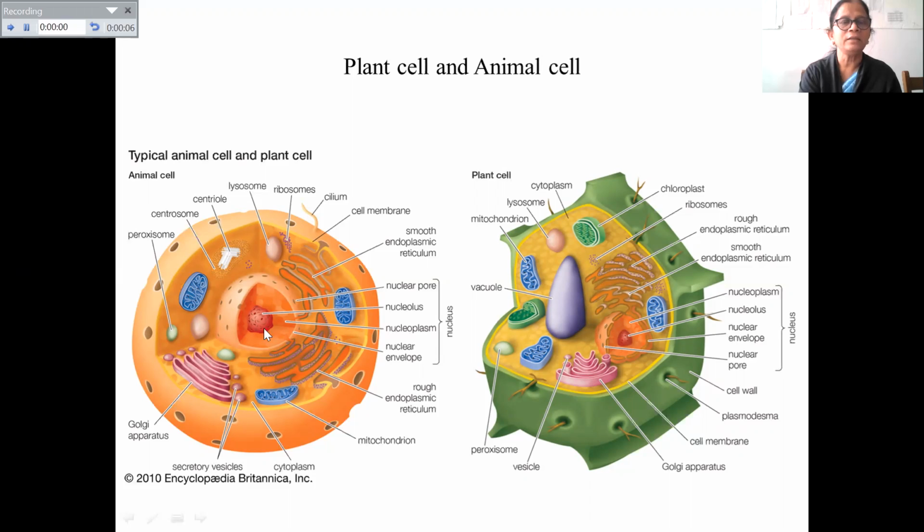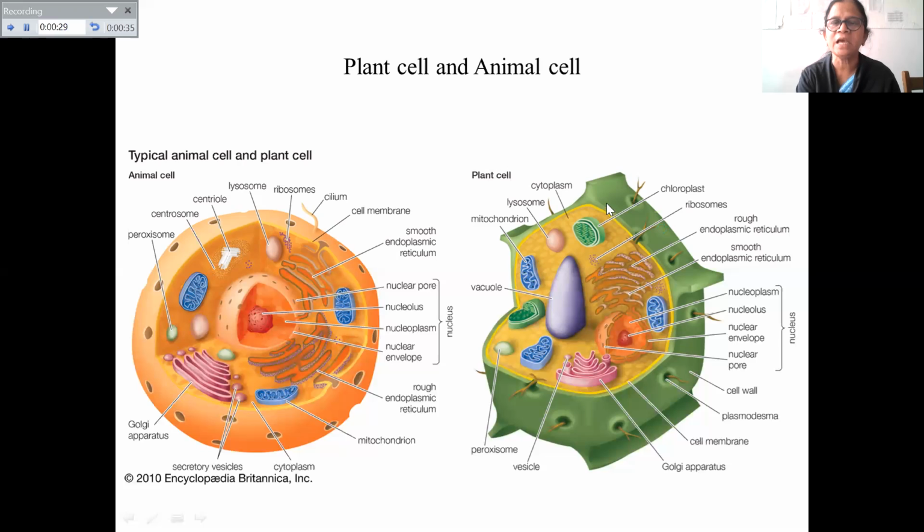In the center, the nucleus is there, surrounded by different cell organelles. First of all, I will tell you the basic difference between animal cell and plant cell: in animal cell, the cell wall is absent, but in plant cell, the cell wall is present.